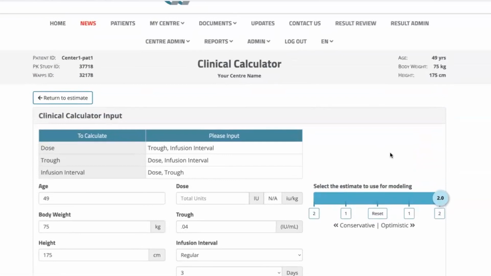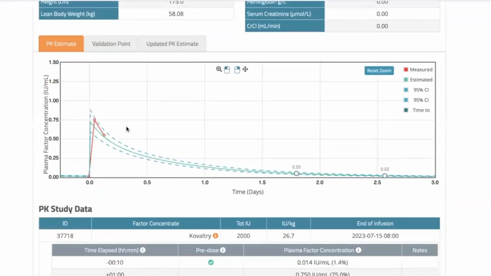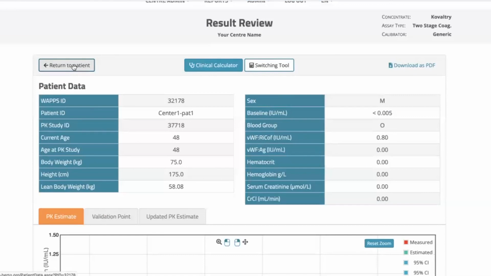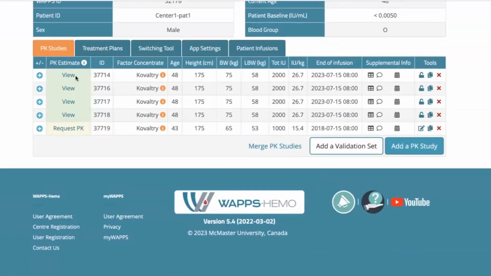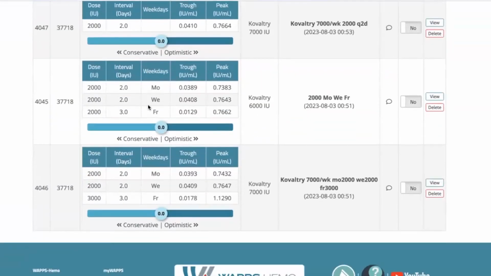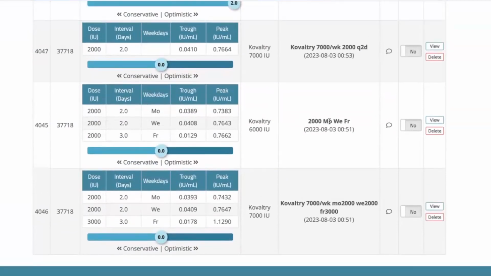If I have saved all of these treatment plans while generating them, which I did, and I go back to the patient page, I will have all the PKs that we have used for this tutorial. And if I go under treatment plans, I will have all the treatment plans. I'll have the one with 2,000 Monday, Wednesday, Friday, 6,000 units a week.